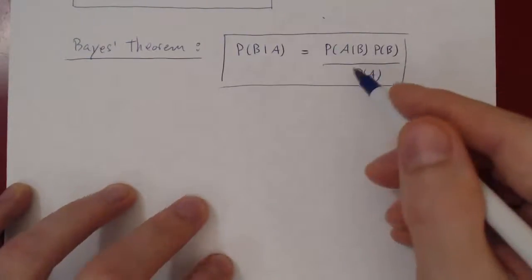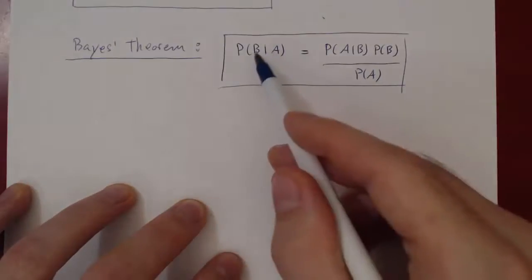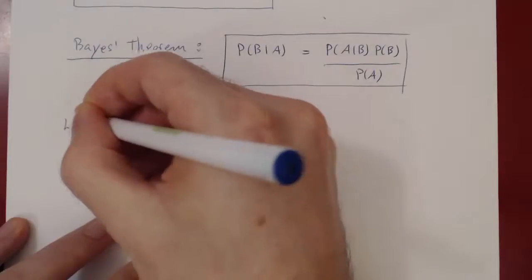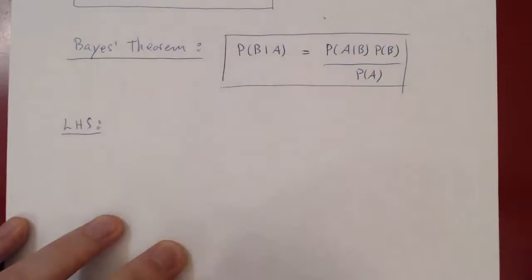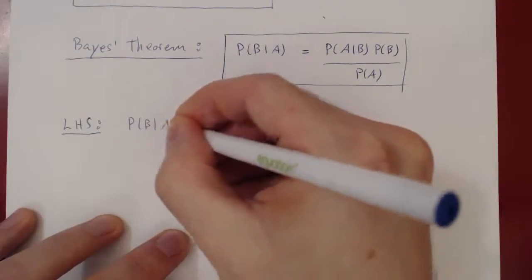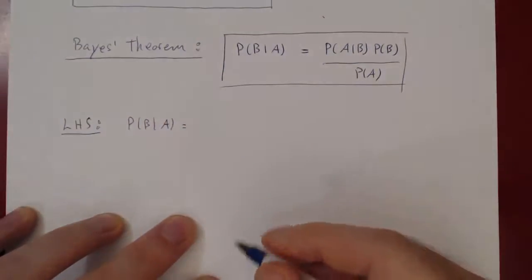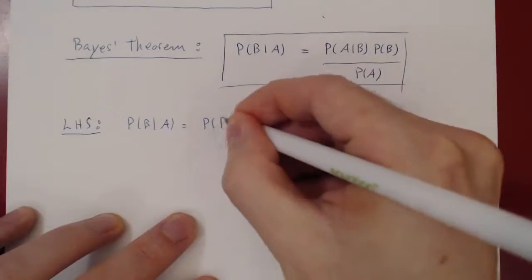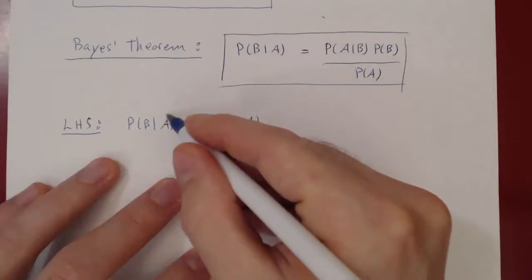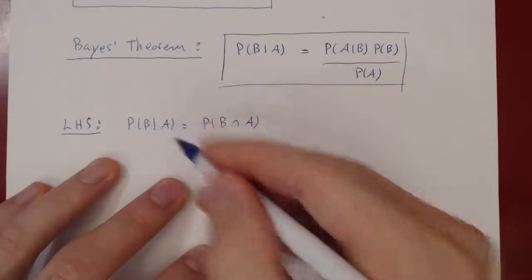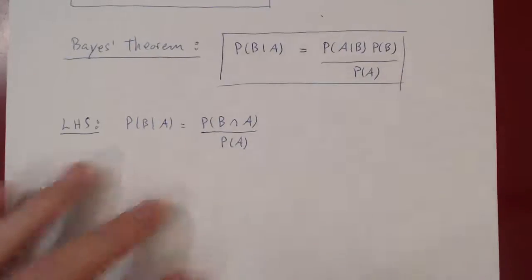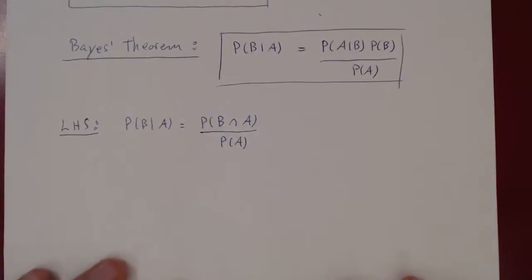Well, let's prove this. And all we have to do is go back to the definition of the conditional probability, right? Look at the left-hand side. The left-hand side is P of B given A. And this is by definition the probability of B intersects with A. Now because A is the new sample space, because we know A has already occurred, we have to rescale and divide by P of A. So that's the left-hand side.